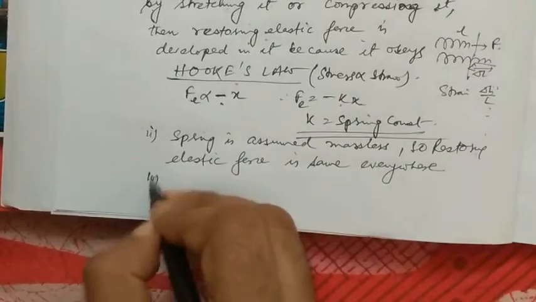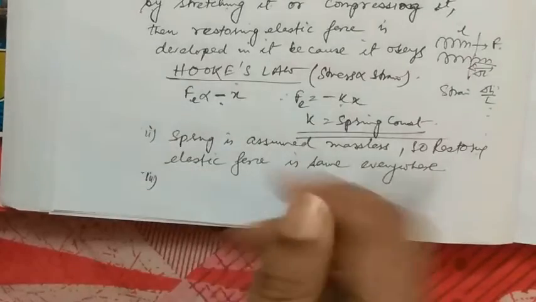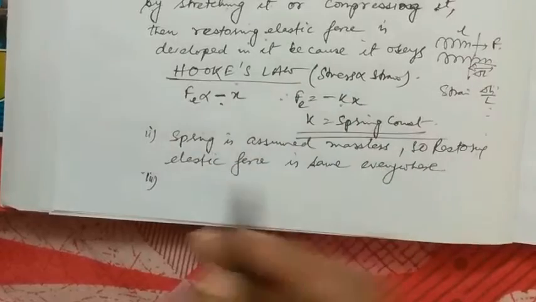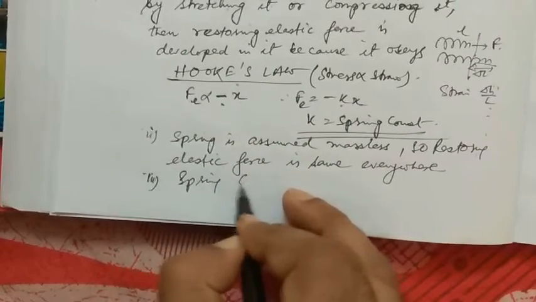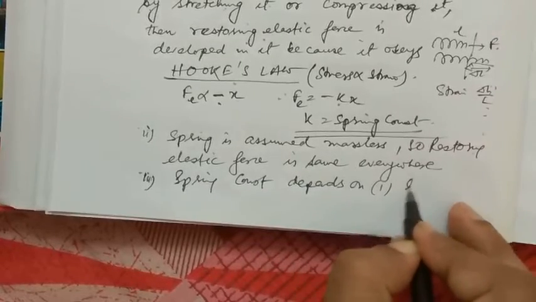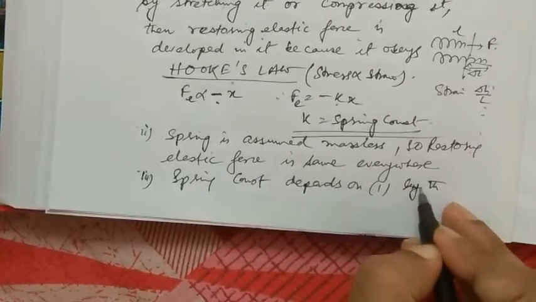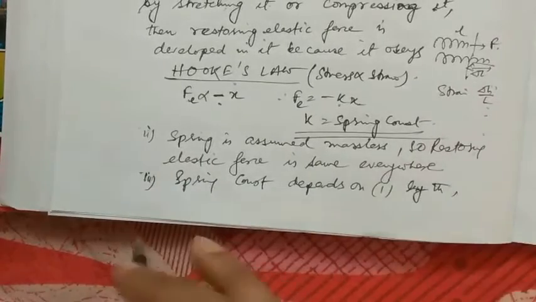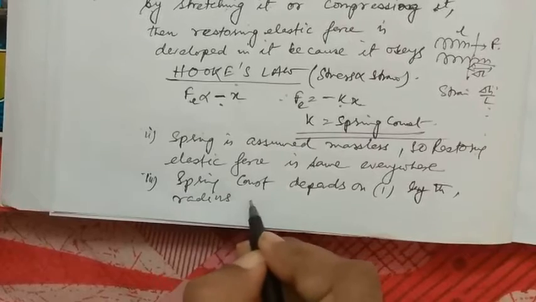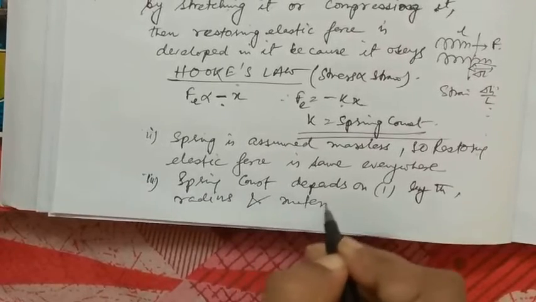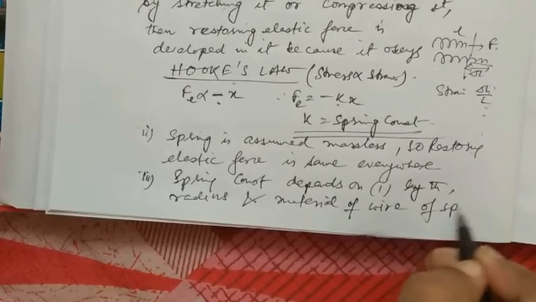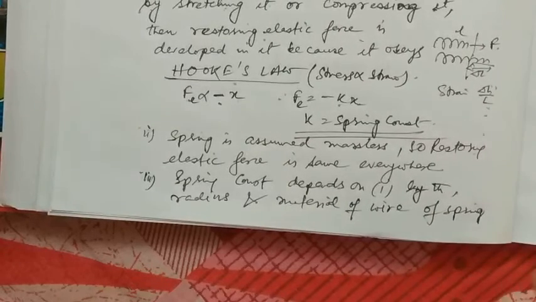Now the third point is about the spring constant. The spring constant depends on, number one, the length, and secondly the radius and material of wire of the spring, because a spring is made up of thick wires.